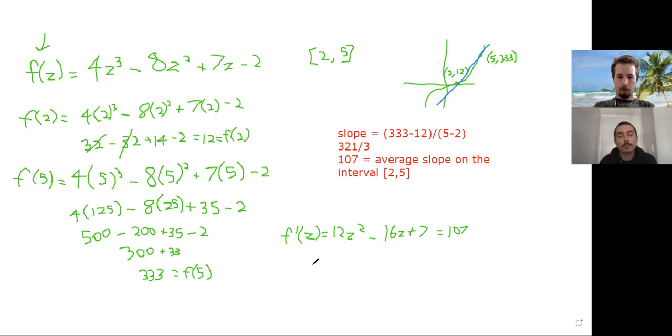Let's see. So first, let's just solve this equation. Okay, from here, we want to make it so that it's 0 on one side, so we can actually use the quadratic formula. You get 12z squared minus 16z, you subtract 107 from both sides, so you get minus 100 is equal to 0.